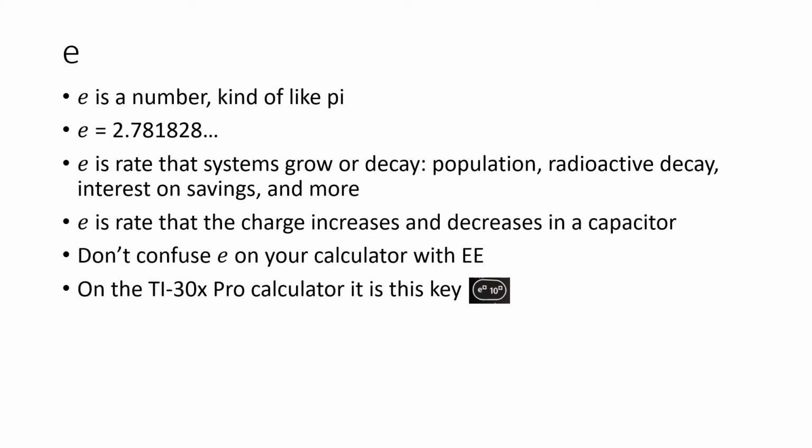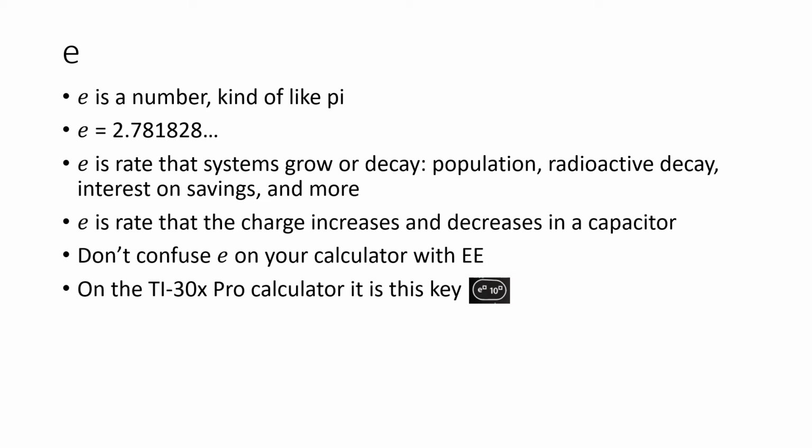So e describes the rate at which population increases, the rate of radioactive decay, how your savings account grows because of the magic of compound interest, and more phenomena in nature. However, for this presentation, we're concerned about the fact that e describes the rate that the charge increases and decreases in a capacitor.